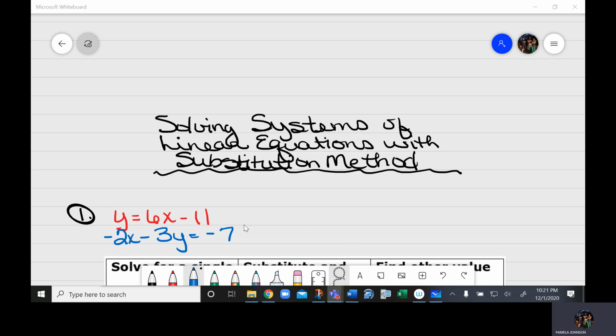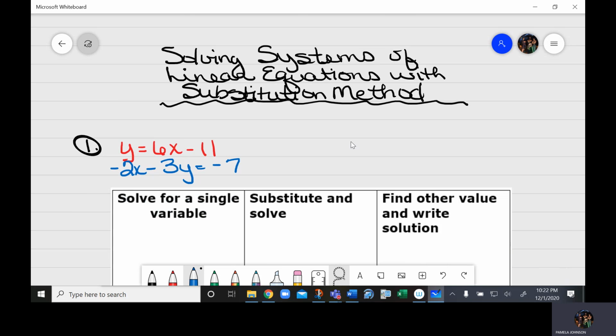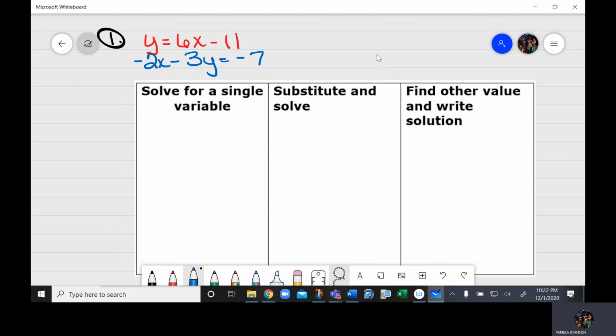We have a system here: y equals 6x minus 11 and negative 2x minus 3y equals negative 7. When we're solving with the substitution method, the first thing we want to do is take one of the equations and solve it to the point where we have one variable by itself.